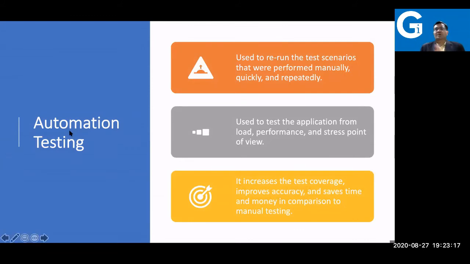In this case, automation testing means you are going to rerun the test scenario. Let me tell you the benefit of automation testing. You write the test cases and the various scenarios in the form of code. Today you are going to write the test cases first, and then check whether your code is running correctly and matching your test cases or not.